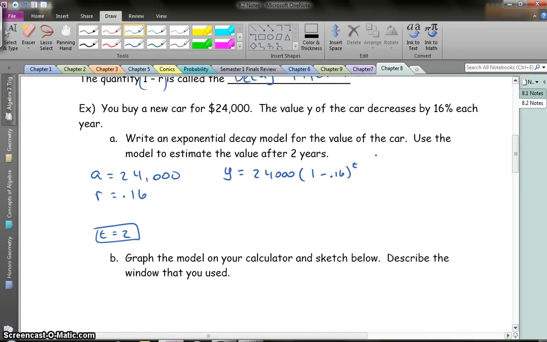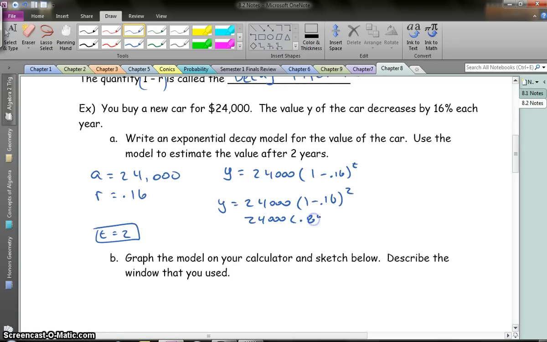That's our model. Now to find it for 2 years, we got Y equals 24,000 times the quantity 1 minus 0.16 squared, because it's 2 years.